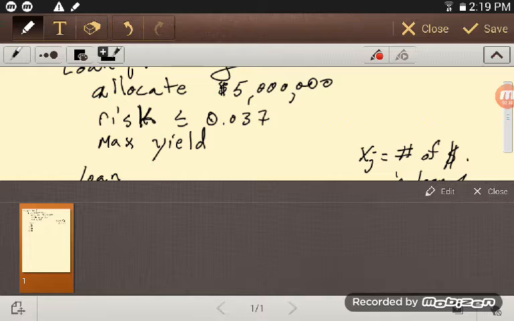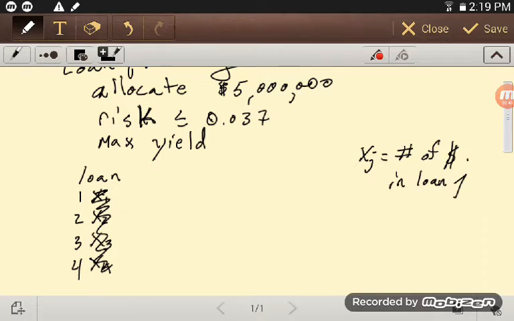So we're told the yield, so that's what we want to maximize, in percent is 7, 1, 8, and 14.